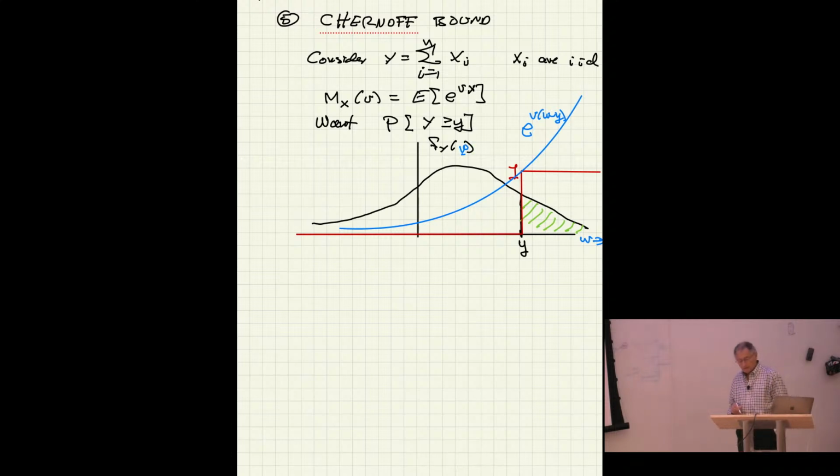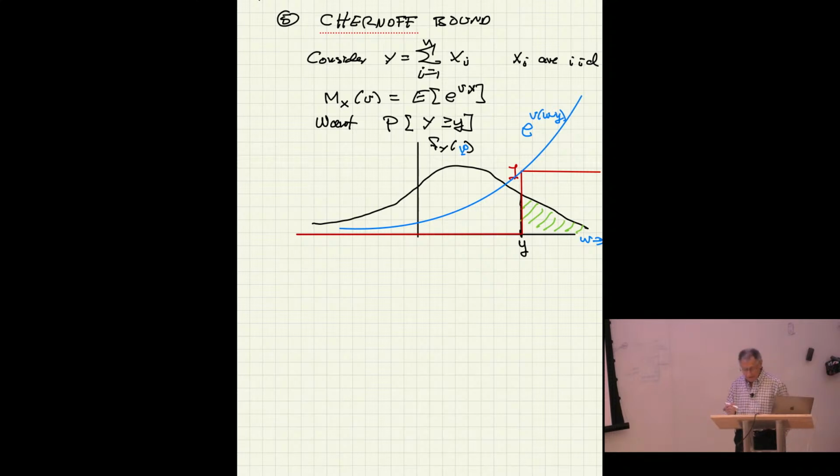Now, isn't it true that blue is bigger than red? I've designed it that way. So if I integrate blue times black, what will I get? I'll get a bound on the green area. I will have overstated it, right?